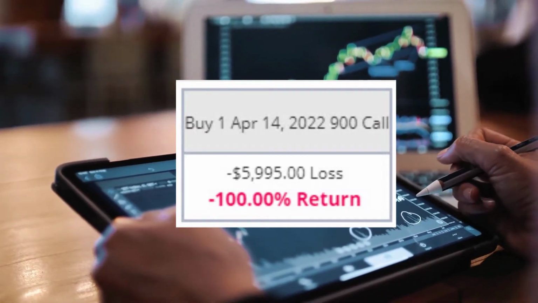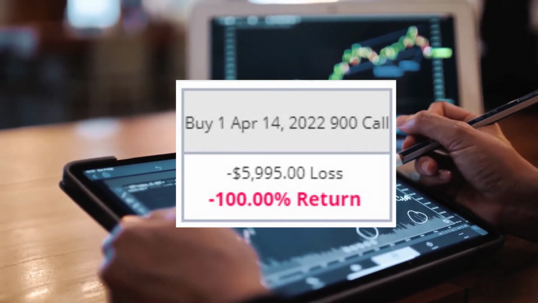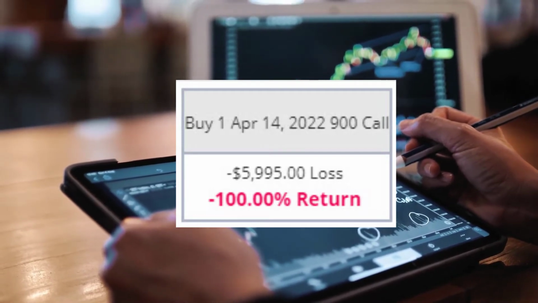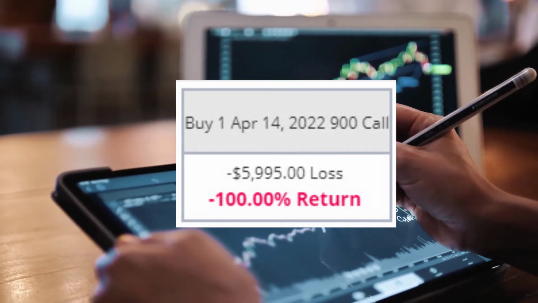So yes, that's a 100% loss, but in this instance it's protected us from a serious downside move. So again, that's helped us in our position.